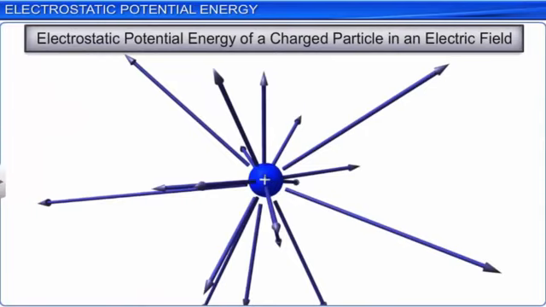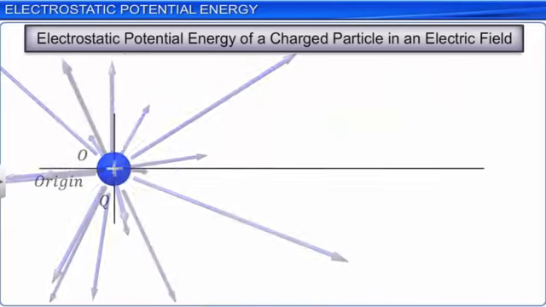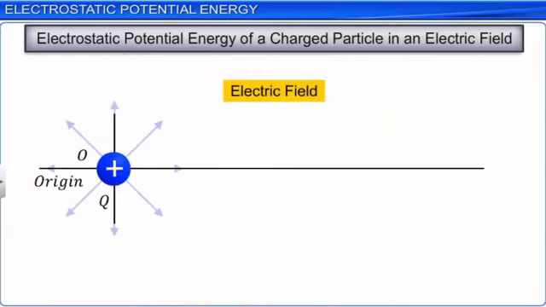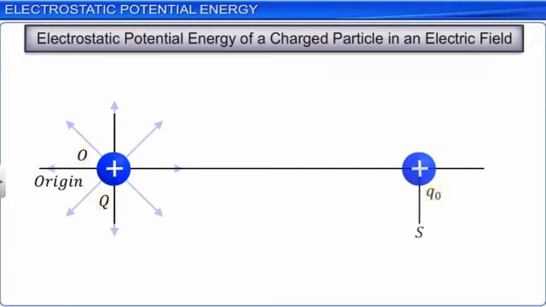Consider the electric field of a positive charge Q placed at the origin O. Let Q0 be a positive test charge located at point S. To bring the charge Q0 from point S to a point P closer to charge Q, some work has to be done against the force due to the electrostatic field Fe.